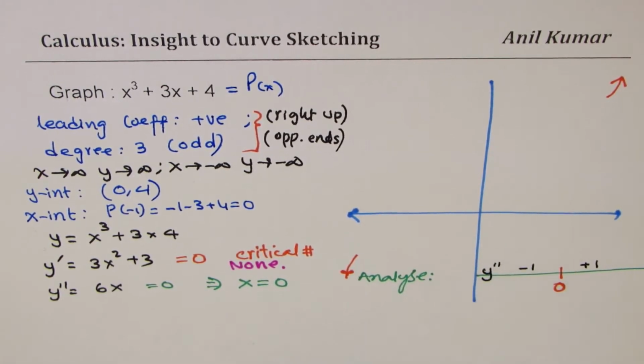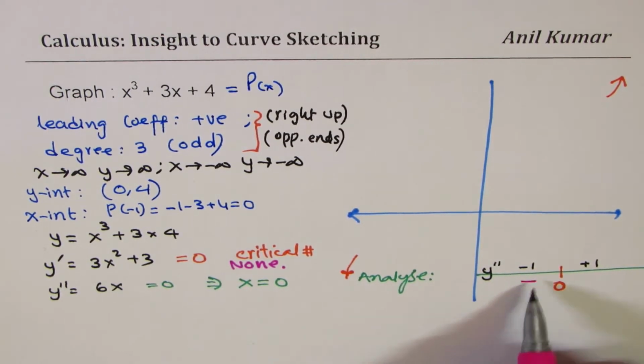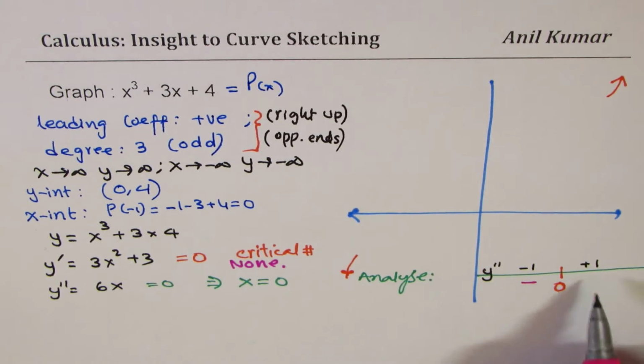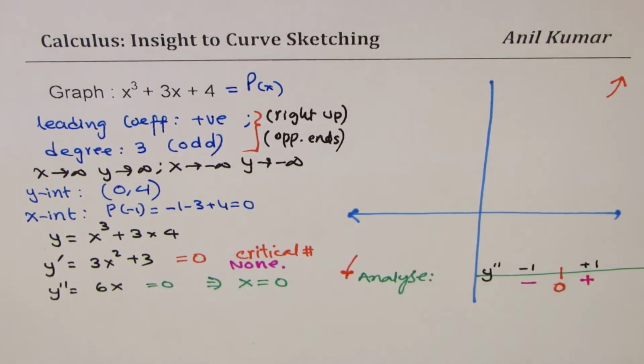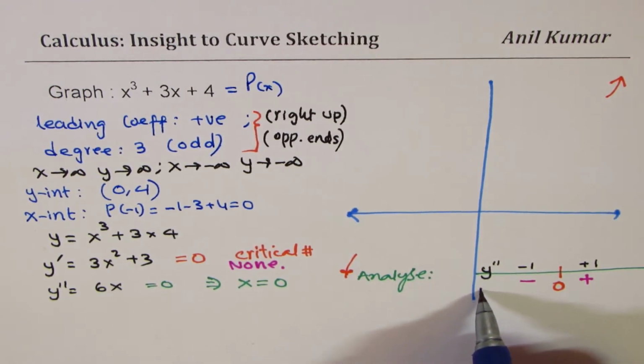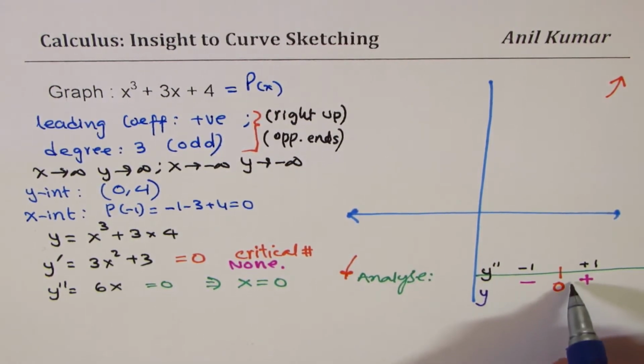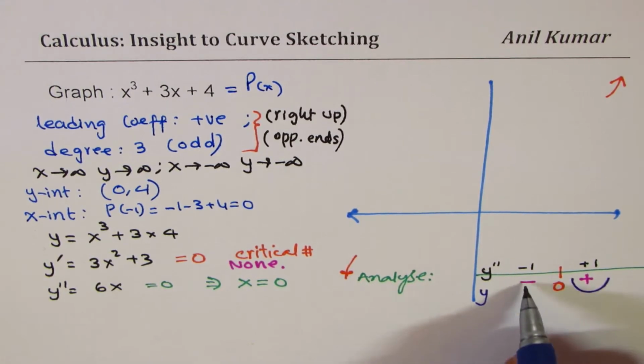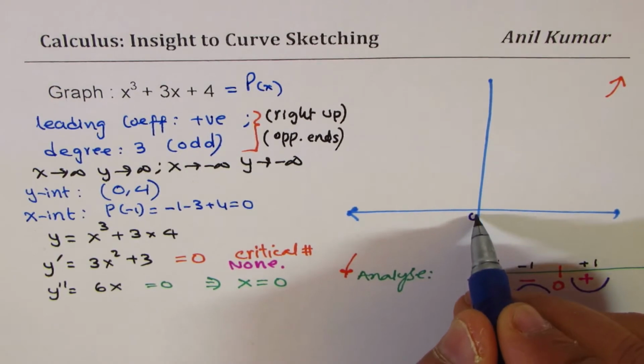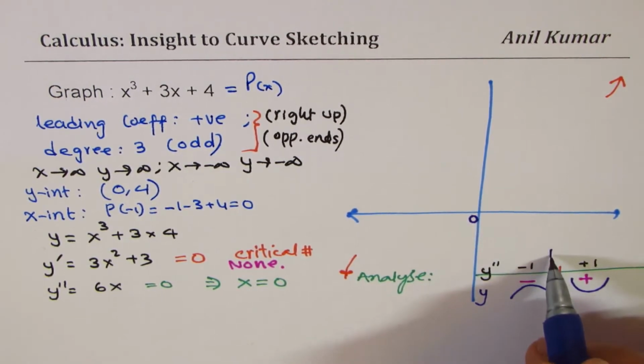So we are checking the second derivative, 6x. If it is negative, you'll get a negative value, minus 6, right? And if it is positive, you get a positive value. Positive means the graph of the function y or f of x is concave up, and negative means concave down. So at 0, we have a point of inflection.